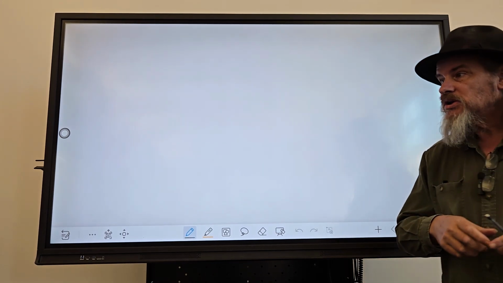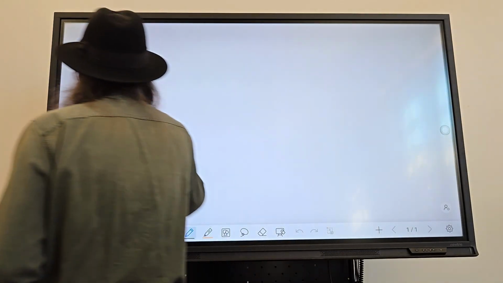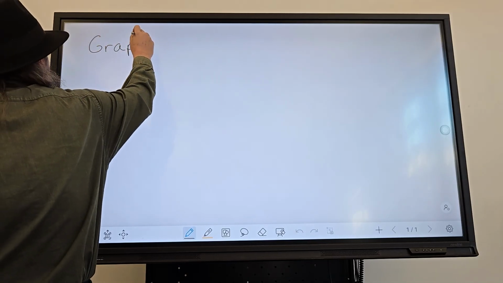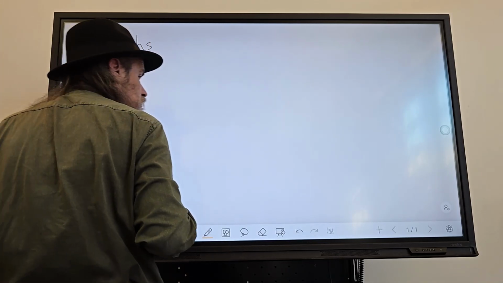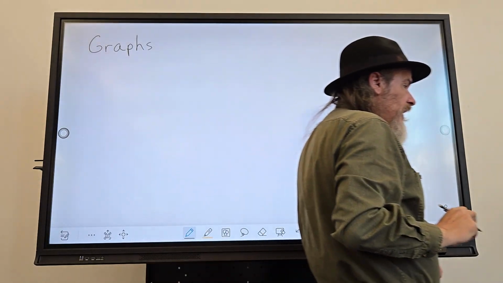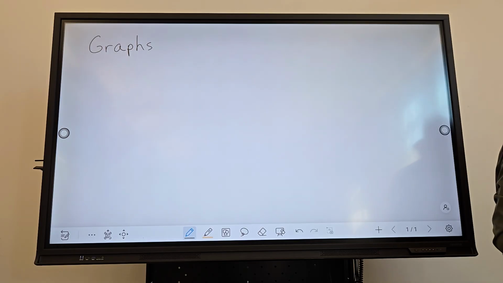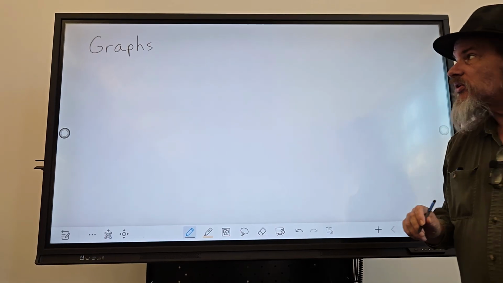Today we are going to be talking about graphs. A graph consists of a set of vertices and a set of edges connecting various pairs of vertices.